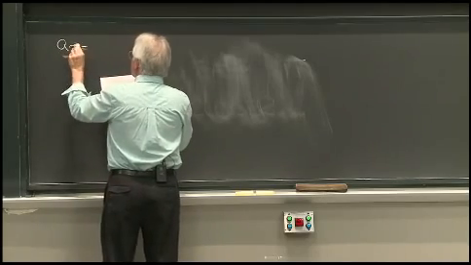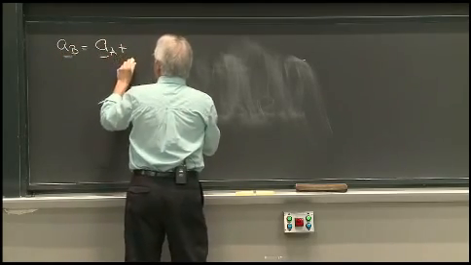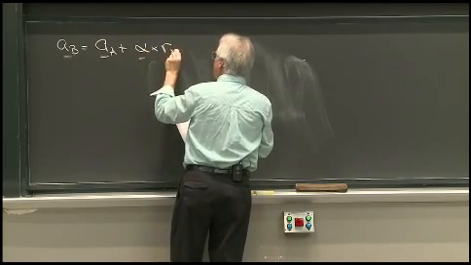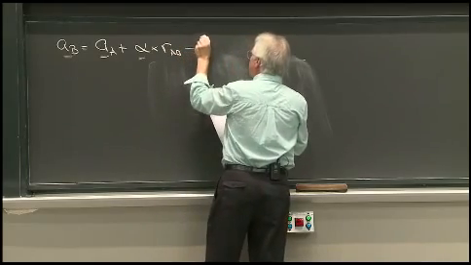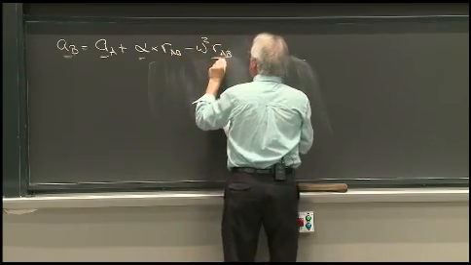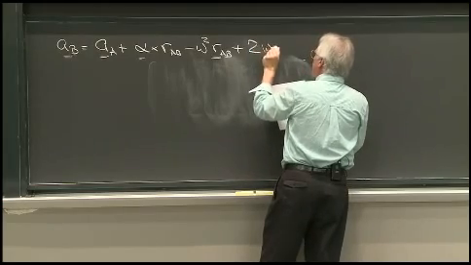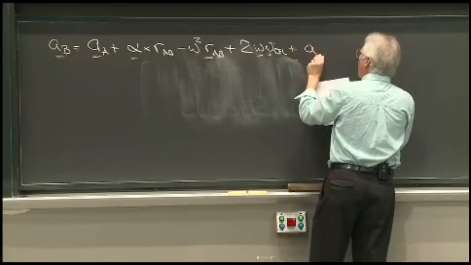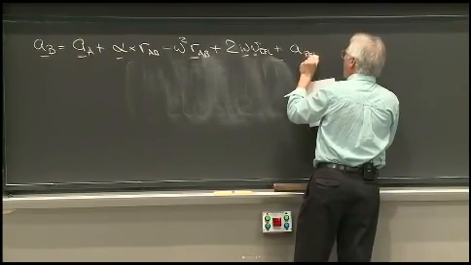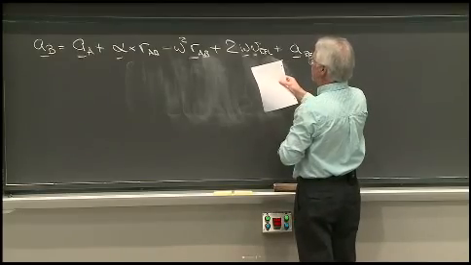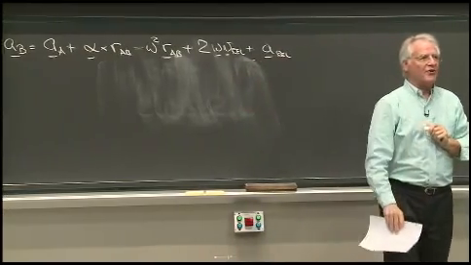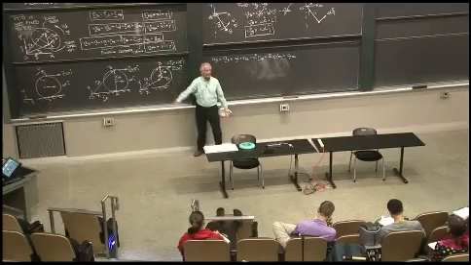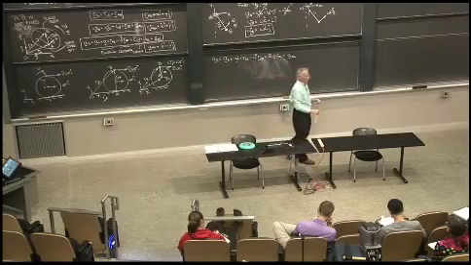The acceleration of point B is A sub A plus alpha cross R sub AB, because it always is, minus omega squared R sub AB, and so on. I believe I copied that correctly; I did nothing but copy this off the board. Okay, Danny, whittle it down for us.